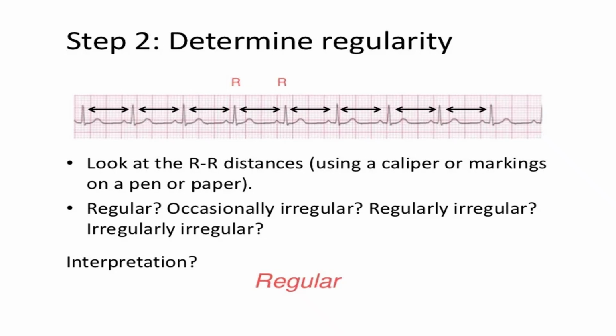As you practice EKGs more frequently, you'll be able to see, hey, this one R wave is early and I have this wide and bizarre QRS, I must have a premature ventricular contraction or a PVC. Or, whoa, this rhythm is very, very irregular. Something else is going on.